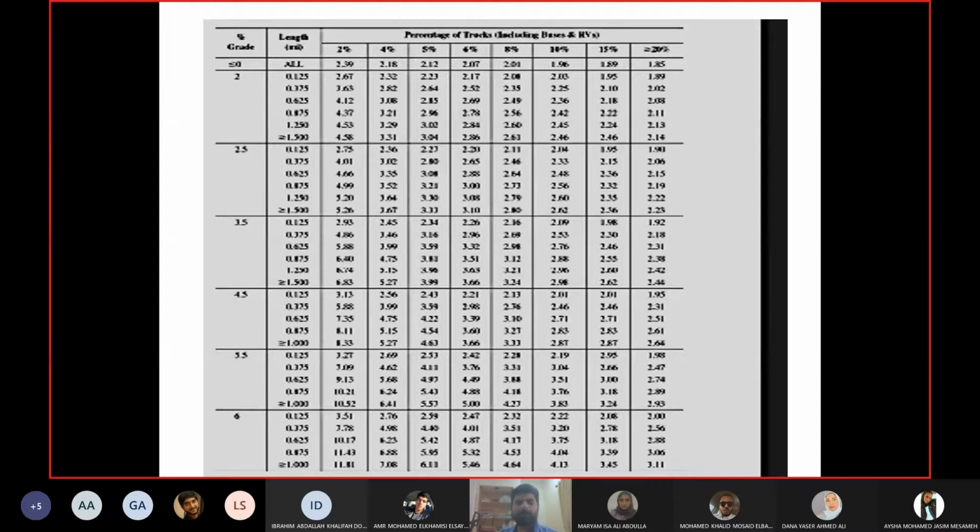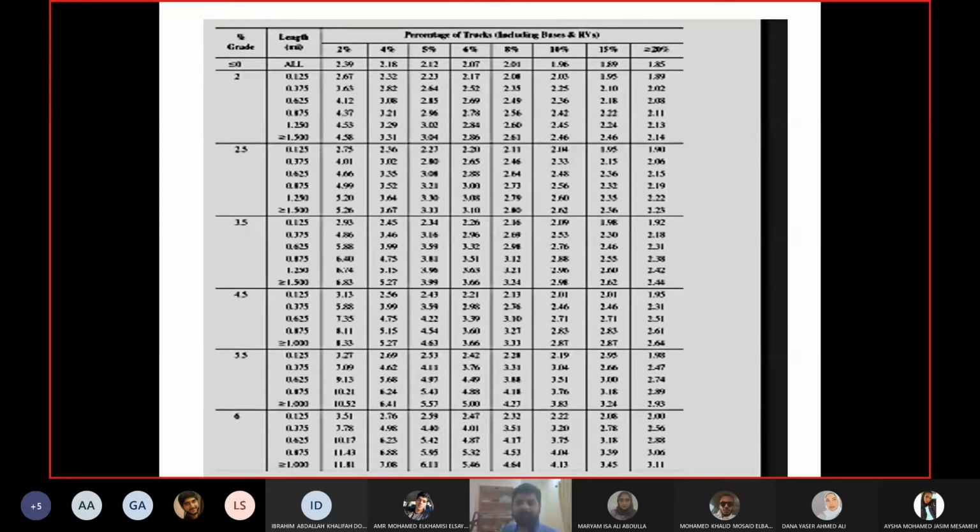Now, why did they say to take 3.5% both upward and downward? Usually volume repeats itself in different directions. If you have 3000 coming in the morning from A to B, then the same 3000 will go from B to A in the evening, going back to their houses.